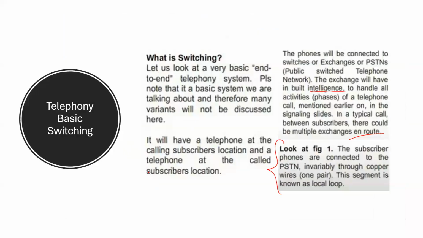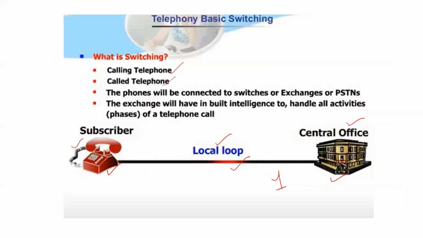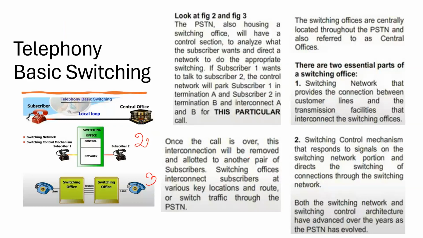In the first figure, the subscriber phones are connected to the PSTN invariably through copper wires. This segment is known as the local loop. In the second figure, you can see that there is one subscriber and a switching office.